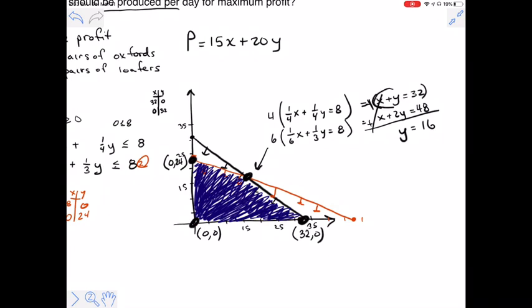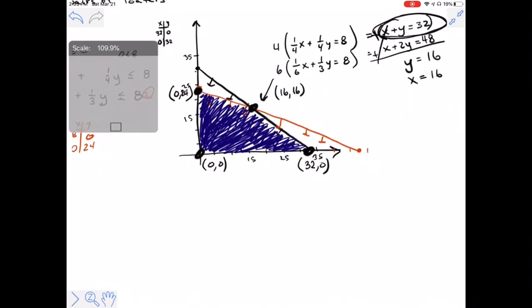So using this equation right here, x plus y equals 32. If y equals 16, then x also must equal 16. So that's the point 16, 16.